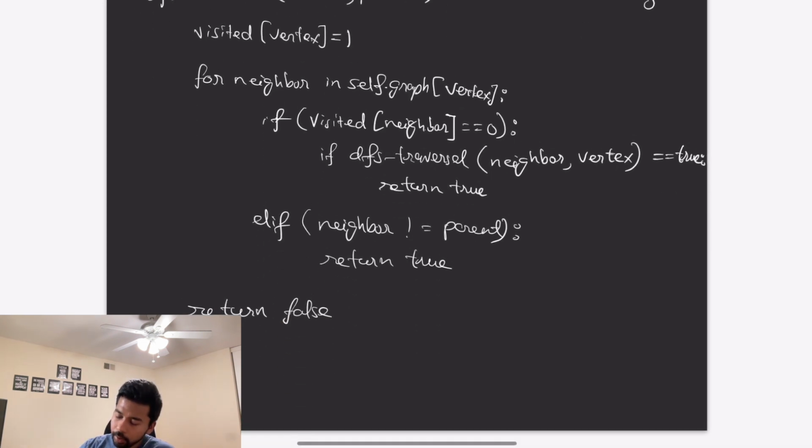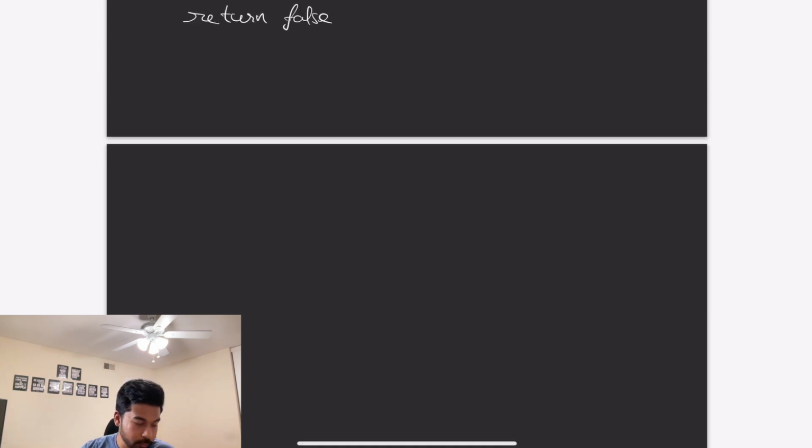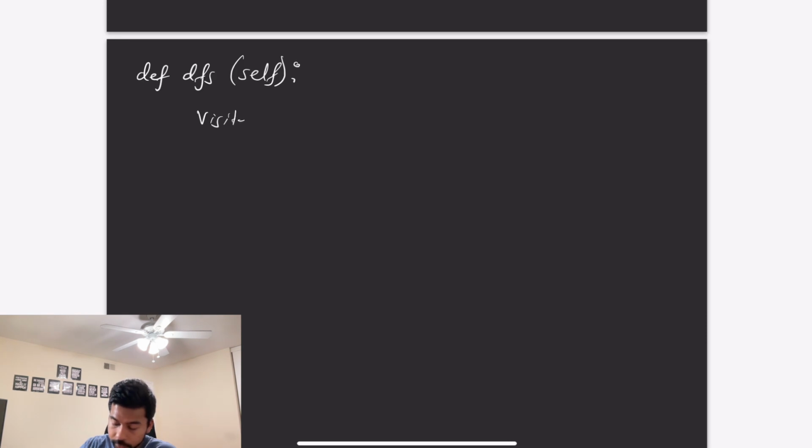And your parent function that calls this function would be visited equals 0, or I mean, just make up this what you will.